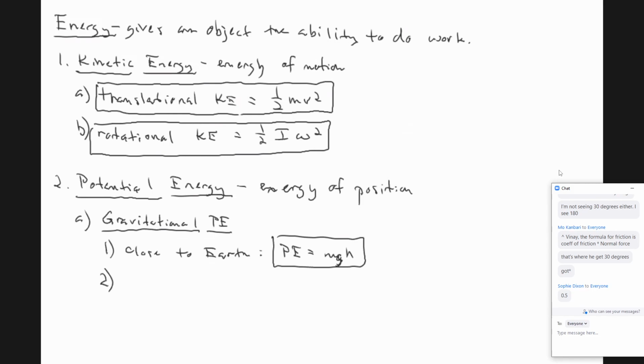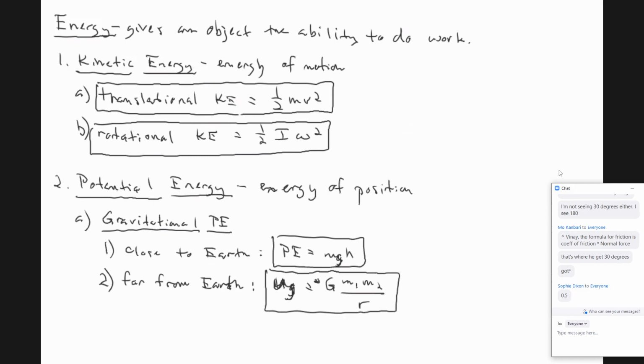And the second type is when we're far from Earth. Gravitational potential energy is the universal gravitational constant, mass of one times mass of the other, divided by the distance between them. And it's negative. So when it comes to large planetary body type things, we're going to use the second equation. We're going to use the first equation when we're close to Earth.